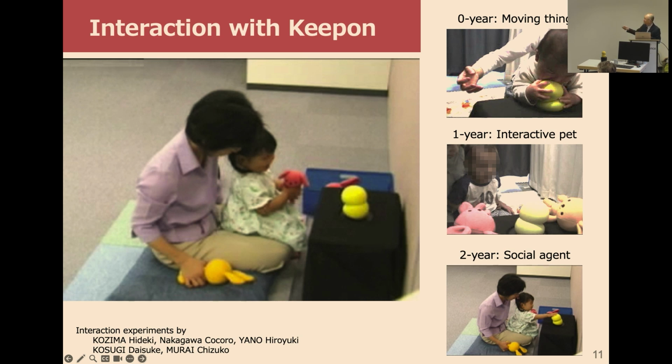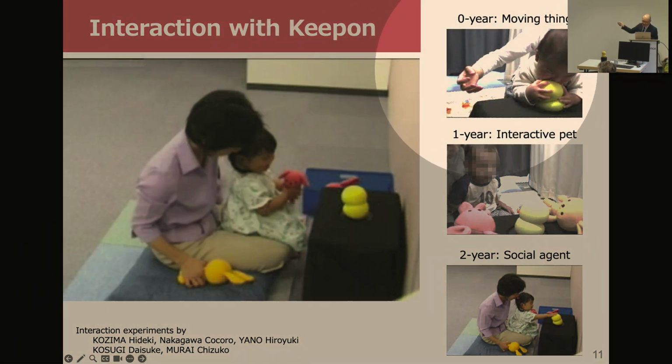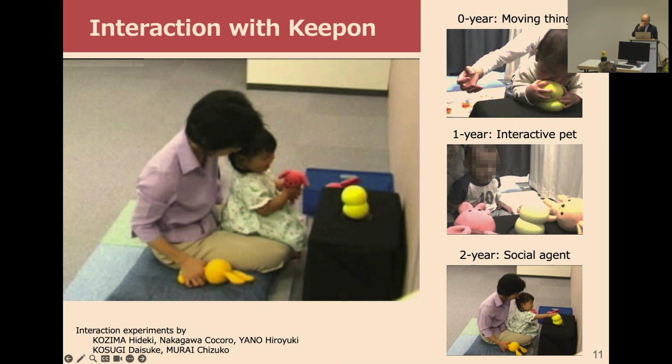Okay, so 0-year-old over here. Actually, 0-year-olds probably recognized Keepon as a moving thing. Okay, and the 1-year-old here in the middle playfully interacts with Keepon, just like an interactive pet or animal. Okay, and the 2-year-old at the bottom, as you have seen, showed a kind of pro-social behavior.